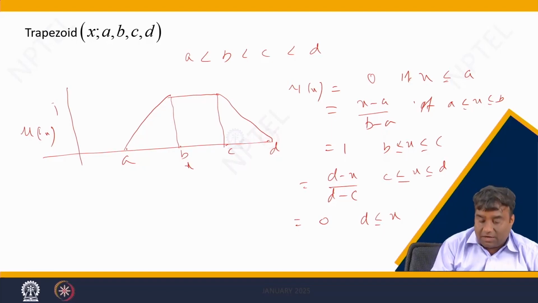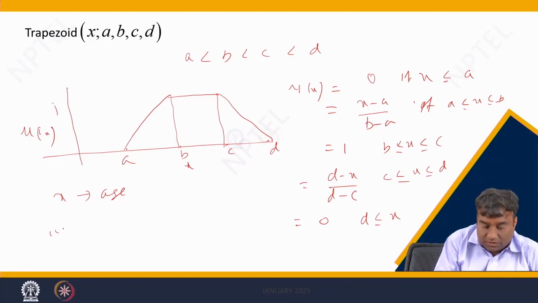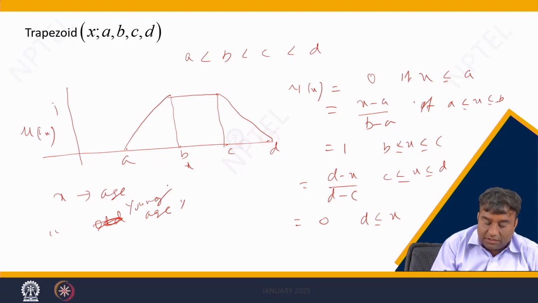So you can take one example. Suppose we consider that the x variable is age, and mu x, the fuzzy set, denotes the set of young age.